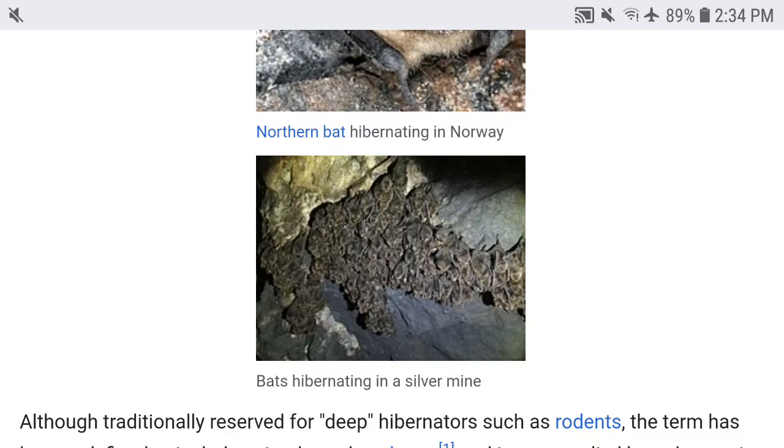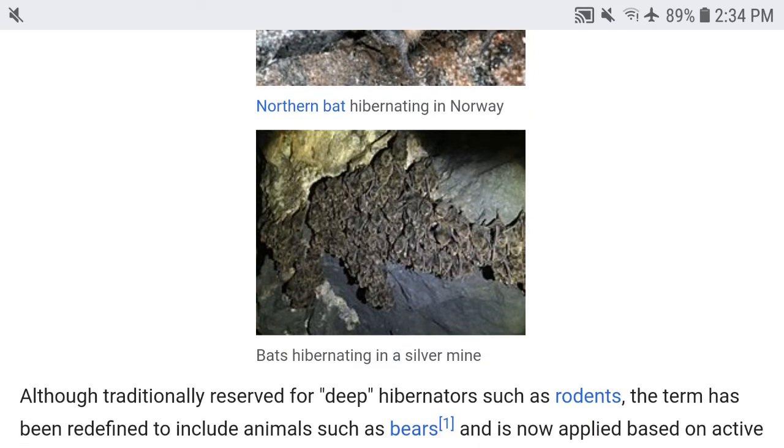Bats hibernating in a silver mine. Oh, they hibernate in groups. I guess it makes sense, because I know about this from my cats as well. Back then I had so many cats, and they slept in groups. The reason they do that is that they want to share or generate heat, because you have heat from your body.